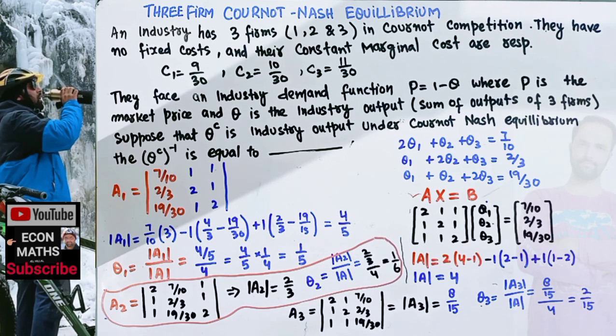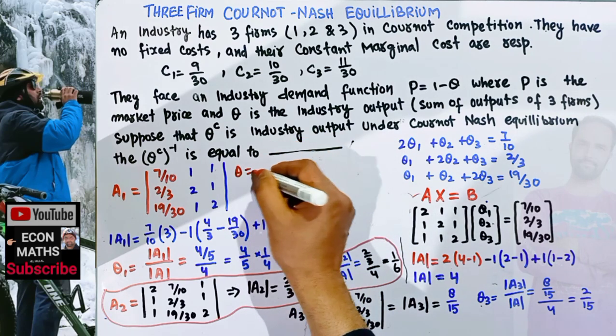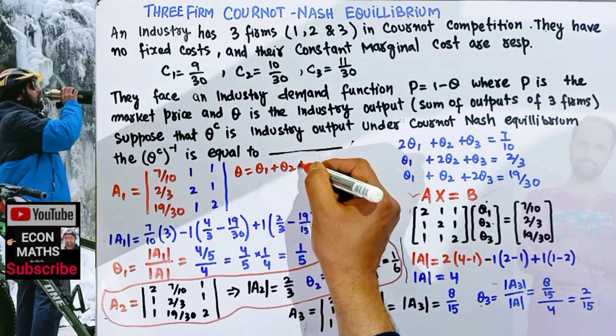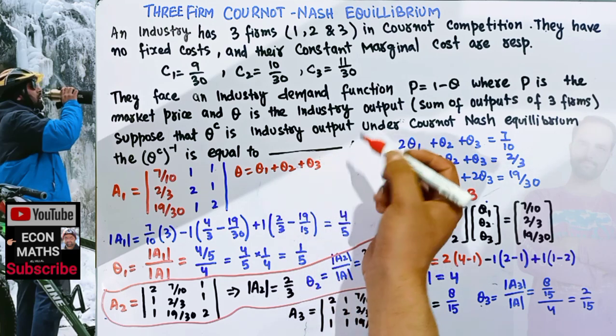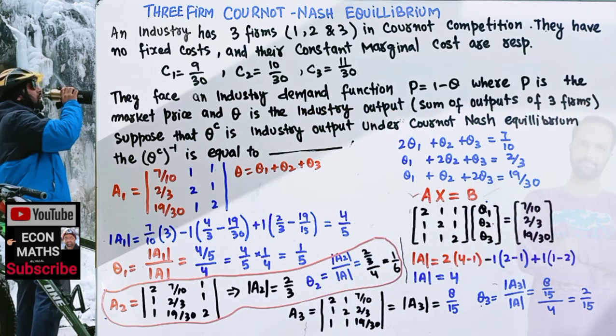Now we know that Q is equal to Q1 plus Q2 plus Q3. It is told to us that Q is the industry output, the sum of outputs of the 3 firms.